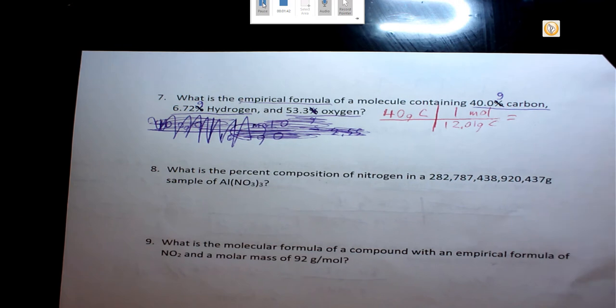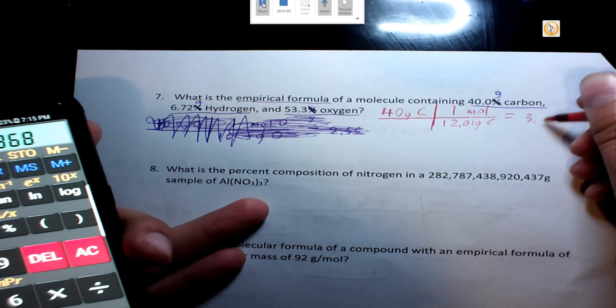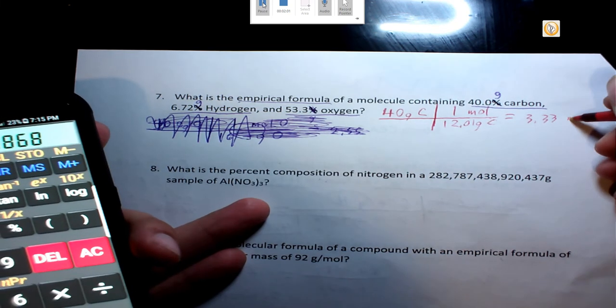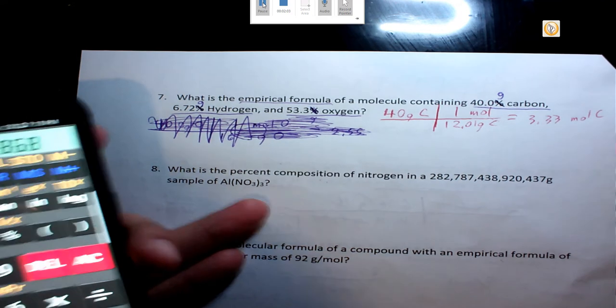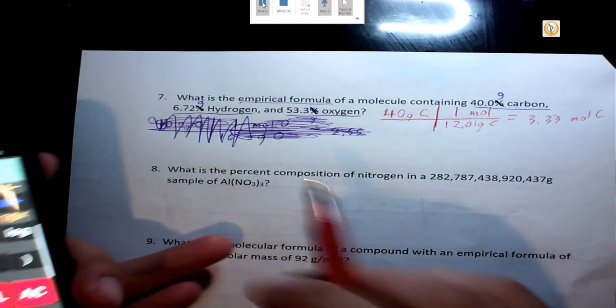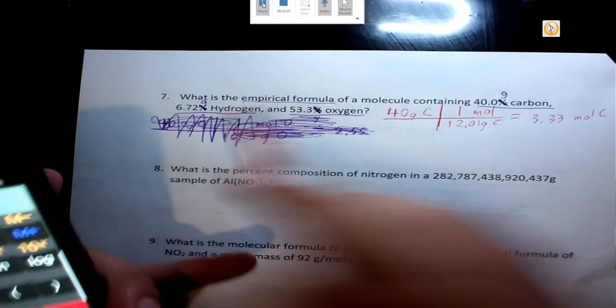So when we calculate this, 40 divided by 12.01 comes to about 3.33 moles of carbon.